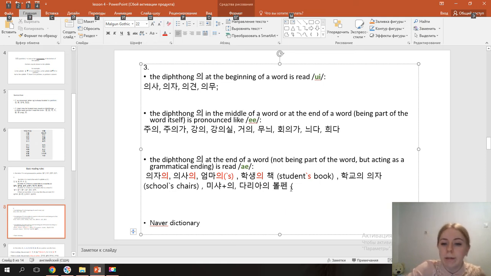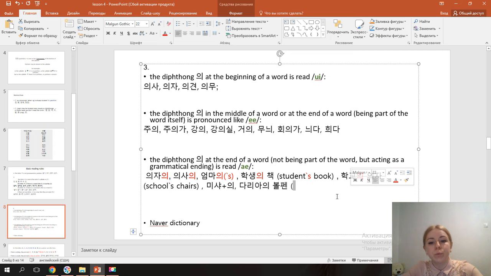So I read it like 에. 의자의, 의사의, 엄마의, 학생의, 학교의, and so on. We can put the 의 to anyone or anything, whatever we need. So this means Daria's, like this, pen.